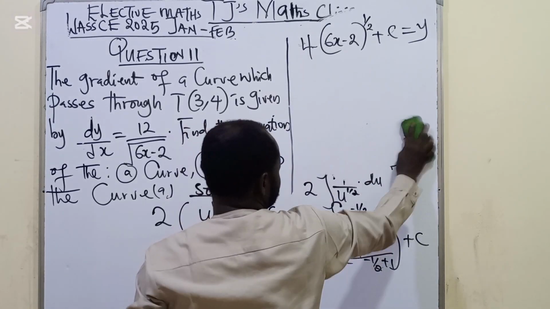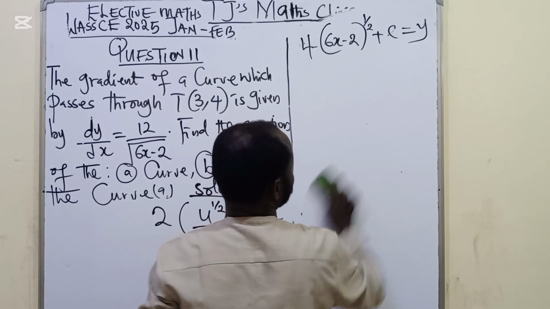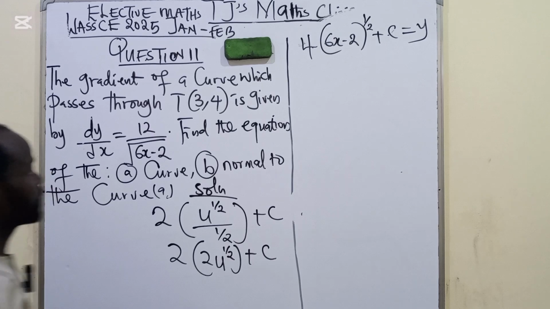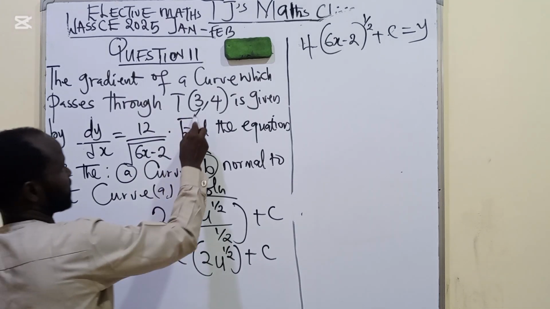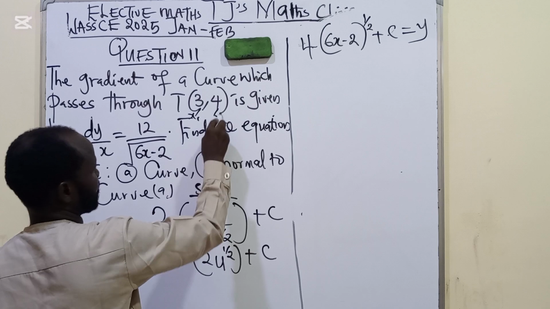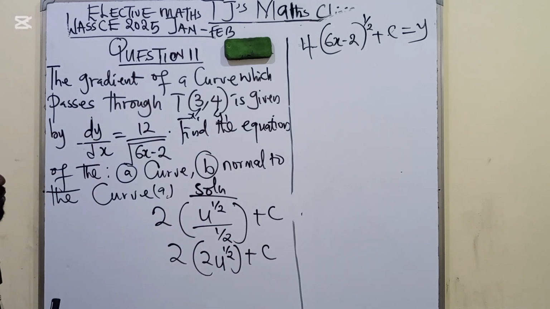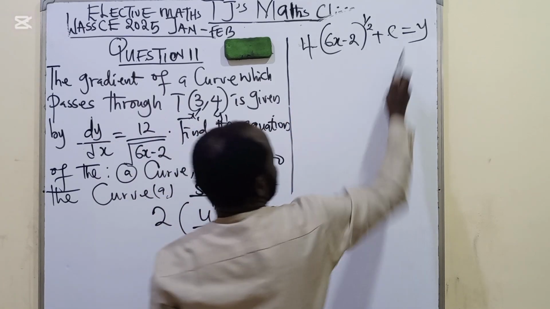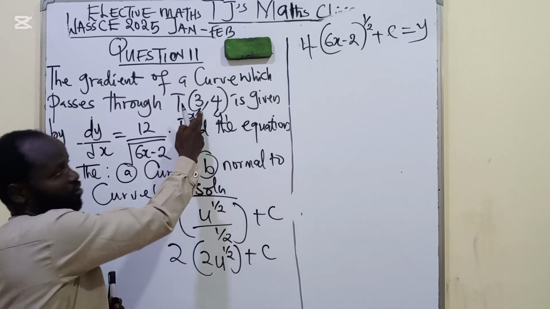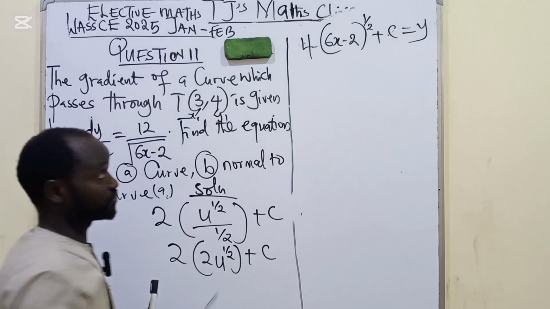To find this constant of integration, we have to use this point. This is x1 and this is y1. So let's substitute x is 3 and y is 4, using this point to find the constant of integration c.